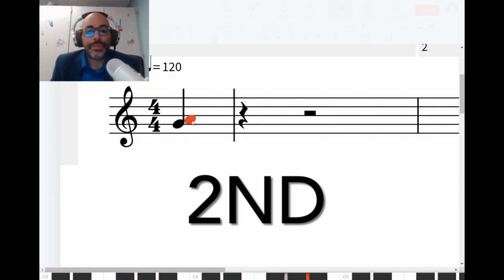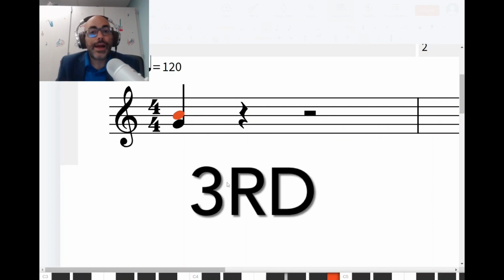Okay, that's a second. Now if we wanted to change it into a third, let's see if I can do this. There. So now it's a third, and you'll notice it went back on the regular side of the stem because it has more room now, so they stack nicely.